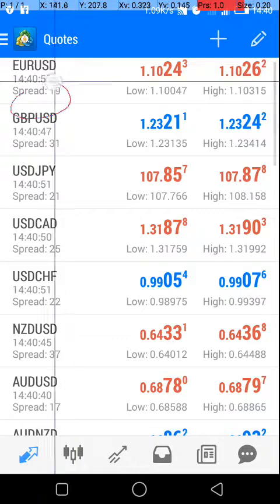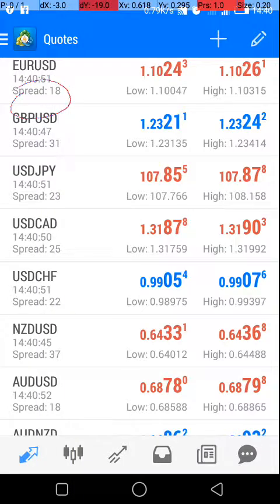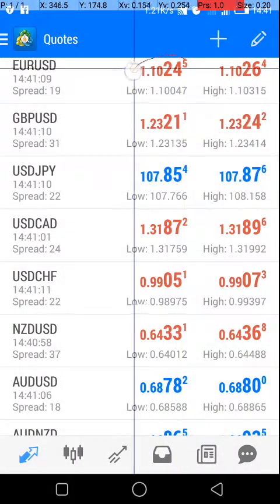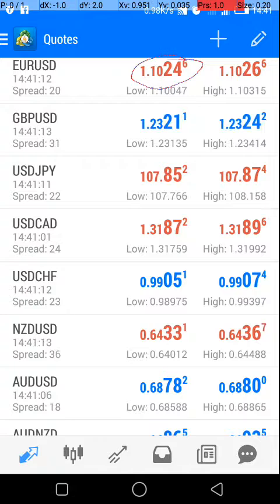Now we have the spread. A spread is a point that is taken away by the broker once you start trading. They take this spread point and multiply it by the lot size you open your trading position with. And we have this market price. This is a bid, or selling, market price.